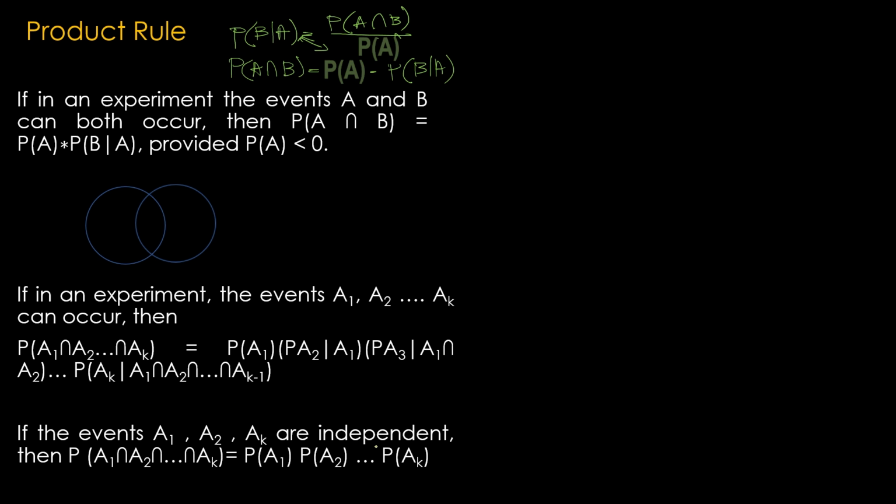And if they are independent naman, the intersection of those events is just the product of the probabilities of each of those events, up to Ak.